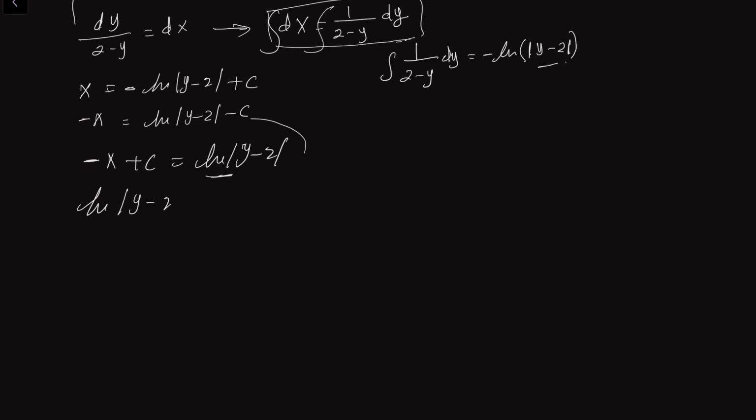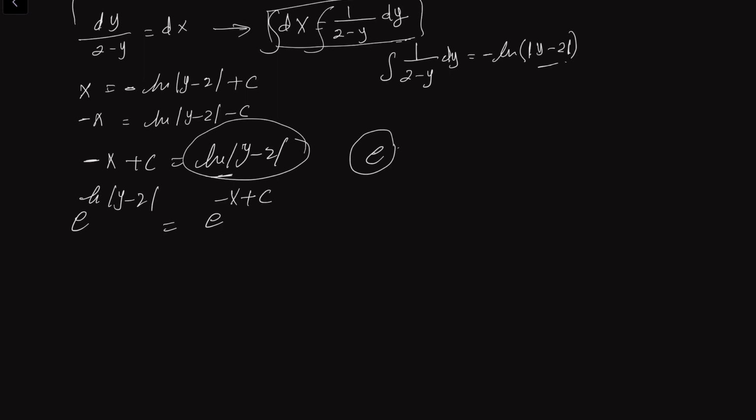So we want to get the y here. What we do is use the exponential function. We use e to the x function to get rid of the natural log, and we'll be able to isolate y by itself. Let's apply this. We say e to the natural log of y minus 2 is equal to e to the negative x plus c.